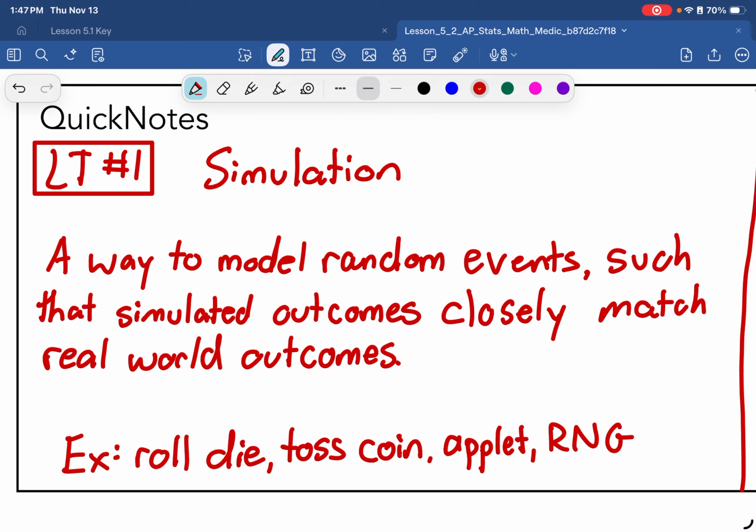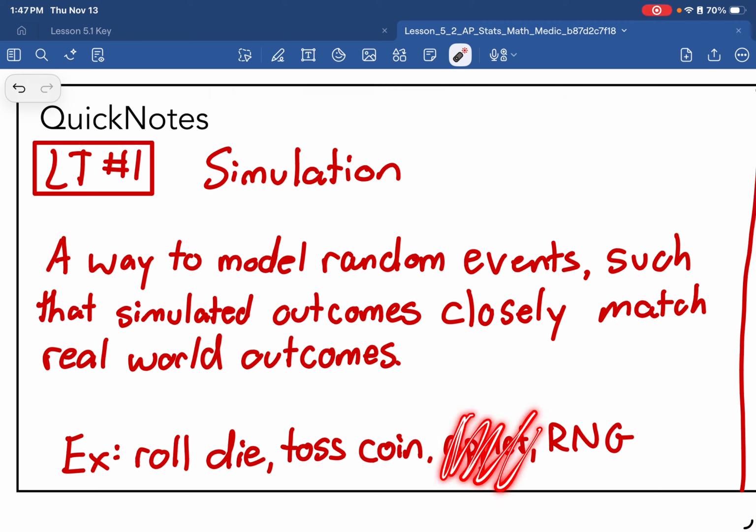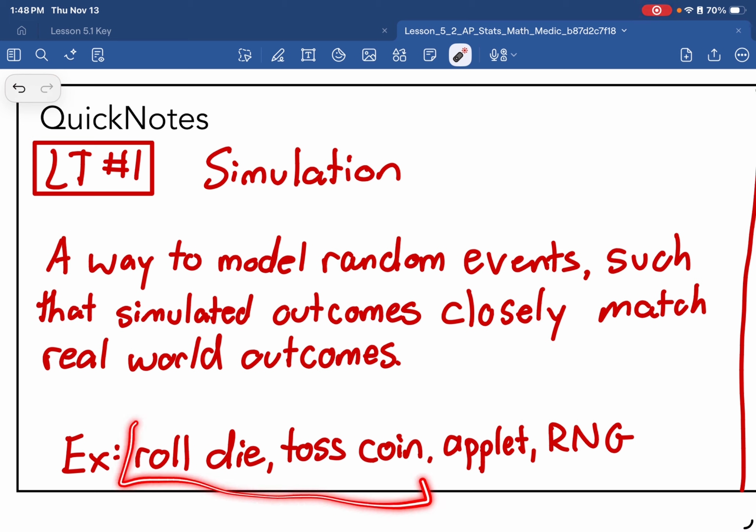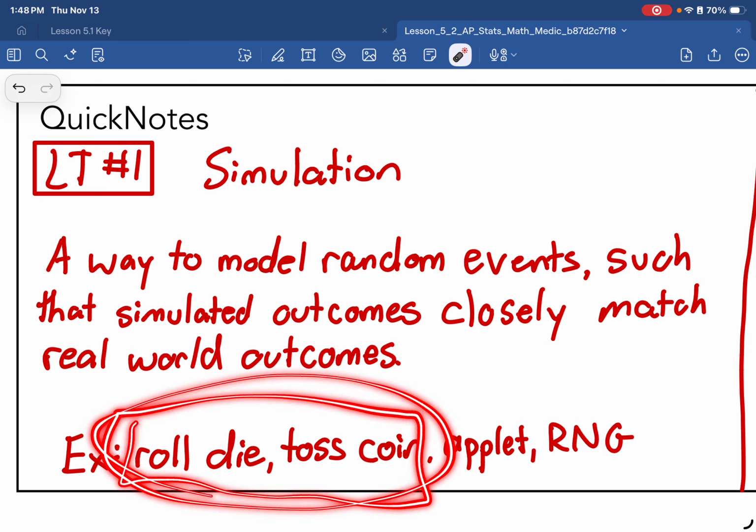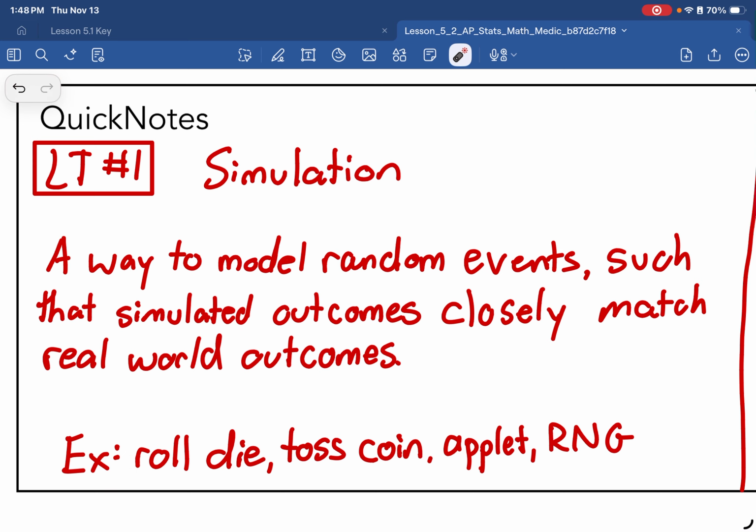That's my least favorite way, but it is a real way to do it if you were doing stats in the real world. A random number generator is another way to do simulation. But basically you want to focus on these two, which are really good simulators. If you don't even want to remember the definition, it's an imitation of chance behavior.